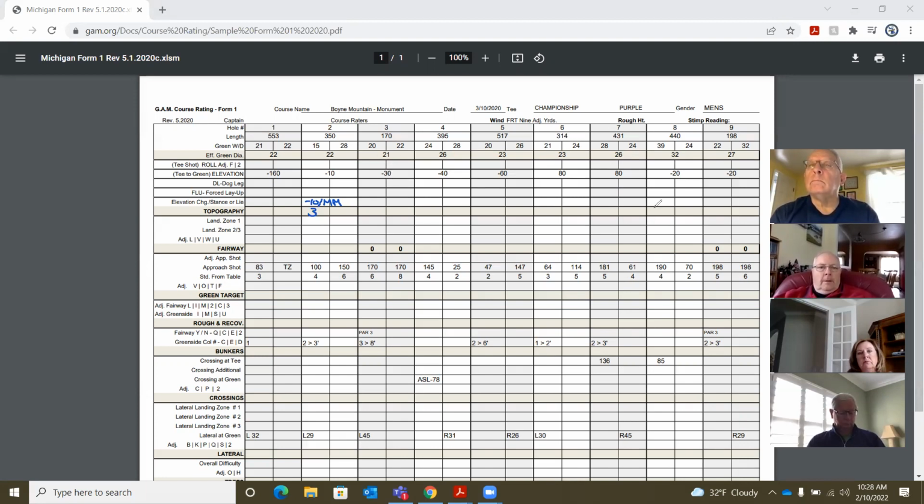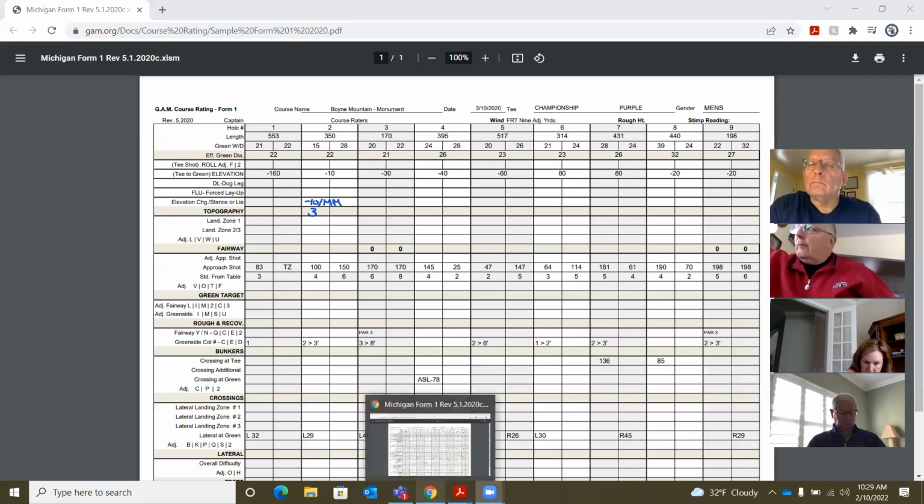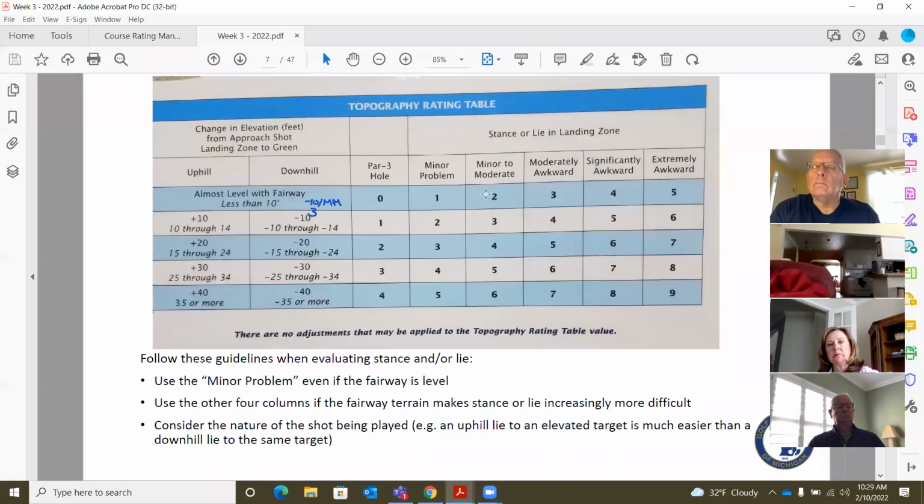If we do have a hole, and unfortunately we don't have one here, but if we did have a par 3 hole that was a par 3 for the scratch player, but not for the bogey player, then when we're looking at our chart here, we would apply the par 3 application for the scratch player and the 2-shot hole application for the bogey player.